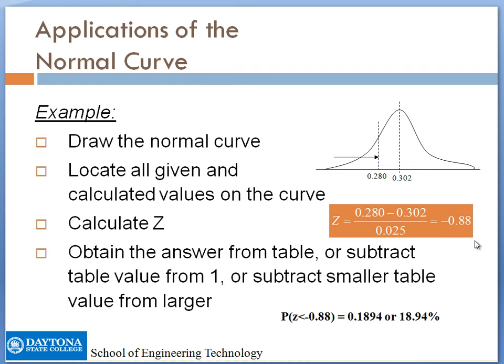So with the minus 0.88, touching that 0.08 column, you're going to get a value of 0.1894, which is directly the percentage that you're looking for. So the percentage of the product being smaller than the observed value is 18.94.